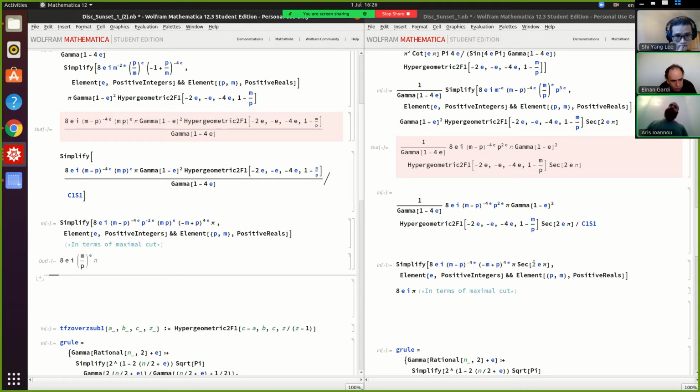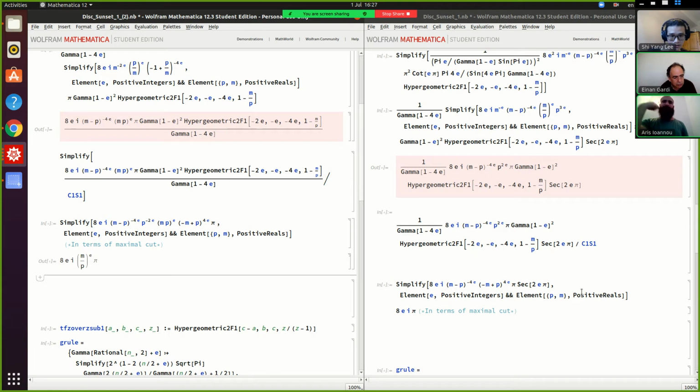Oh, okay. No, I don't quite understand this ratio, this 8 pi I epsilon times m over p to the epsilon. What is it? Okay, what have you divided?